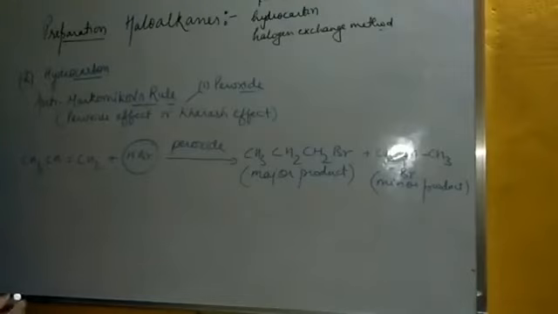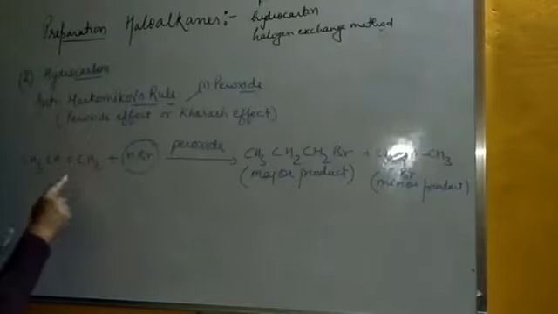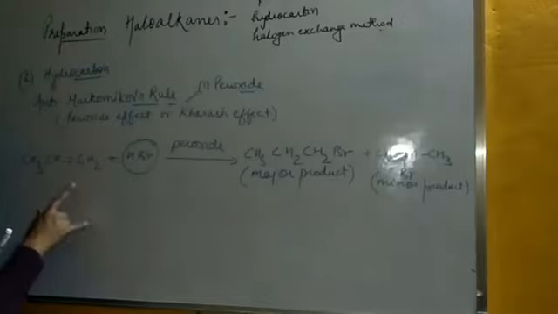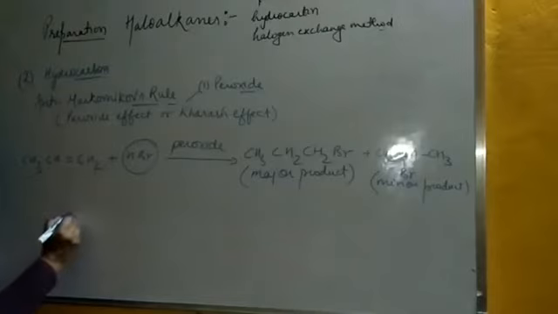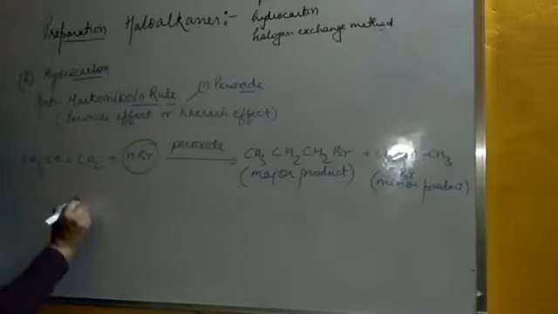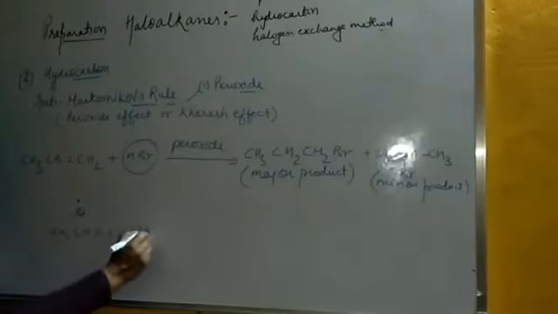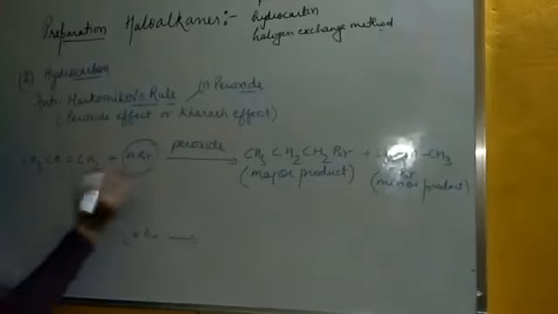Now a thing can come to your mind: why is it working with HBr only and not with HF, HCl or HI? Because with HBr, the two steps that are involved during the free radical addition are both exothermic, right. So there will be generation of the Br free radical, and when it attacks, the two steps that are taking place are the reason why we prefer HBr, right.